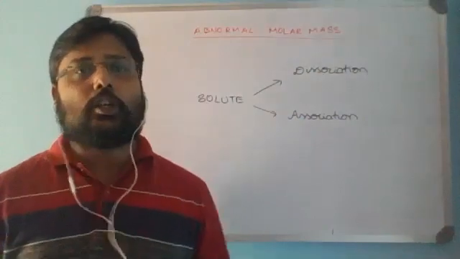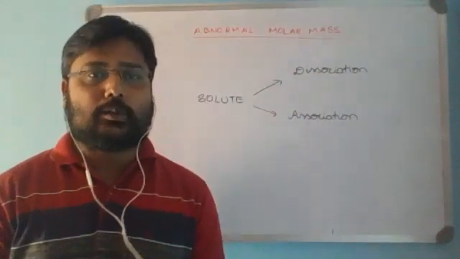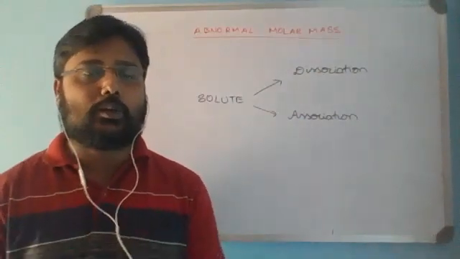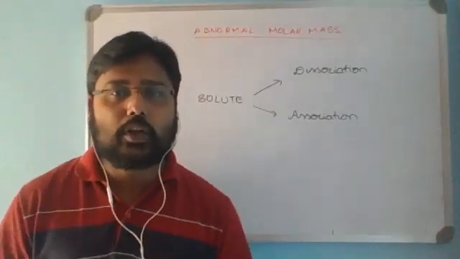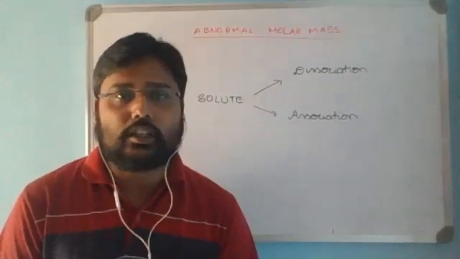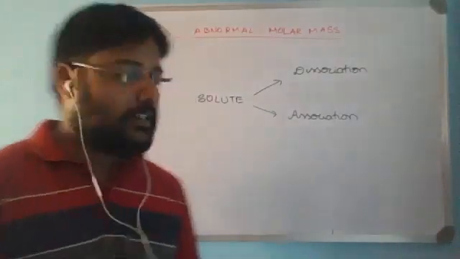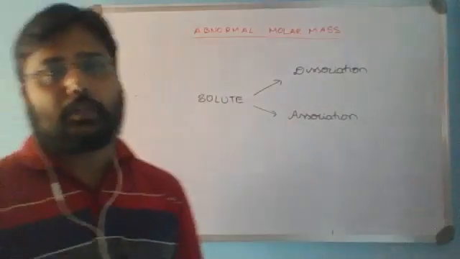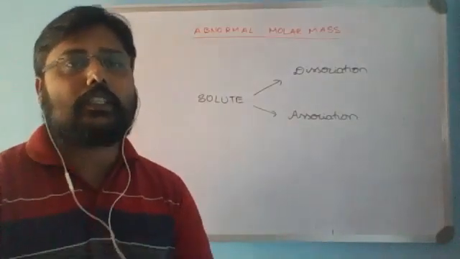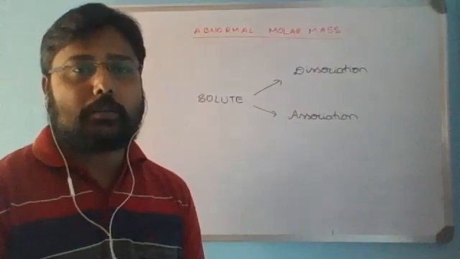If the solute does not undergo any dissociation or association, for example glucose or urea, such non-electrolytes, their normal molar mass is expected in the solution also. Now we'll see with examples how dissociation leads to abnormal molar mass and how association of the solute leads to abnormal molar mass.